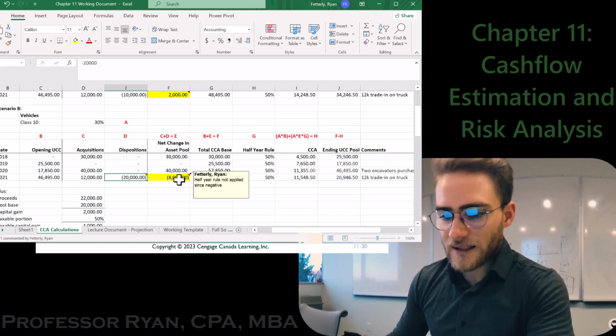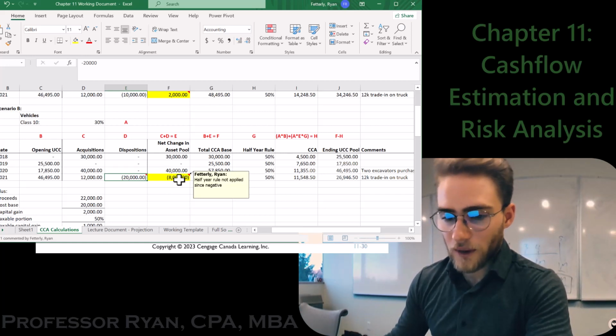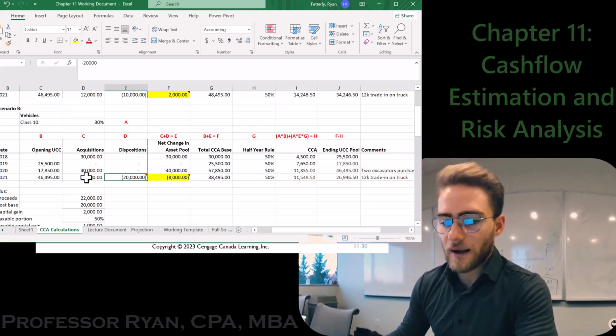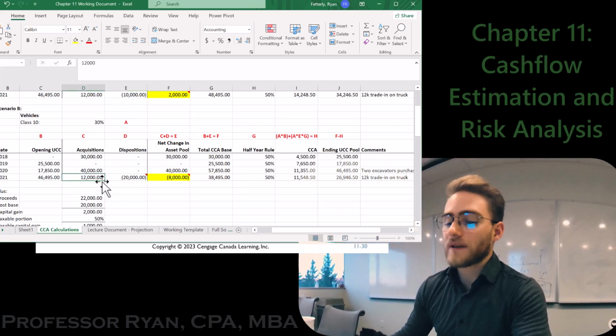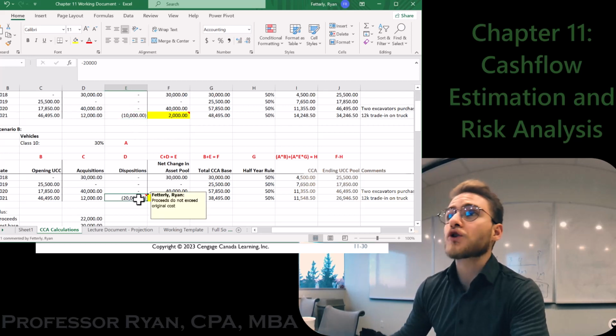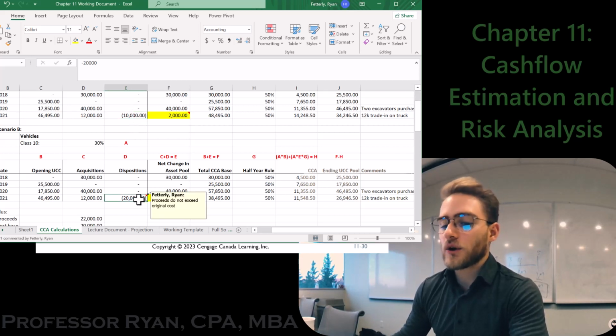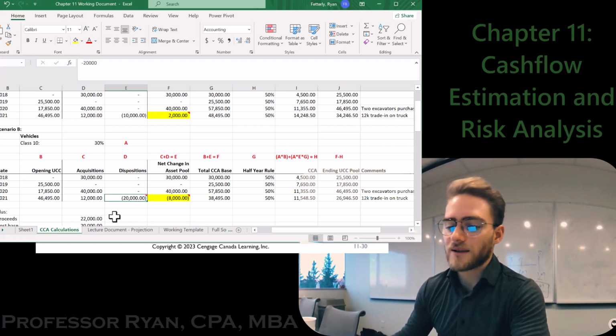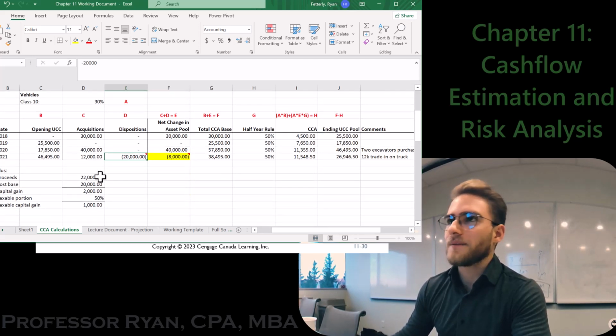So in this case, there's no half-year rule or anything like that. Yes, we still paid out the $12,000, but instead of selling the equipment for $10,000, we sold it for $22,000. Now, you're probably looking at this and saying, well, why is that $20,000? Why isn't it $22,000? It's because we have a capital gain.